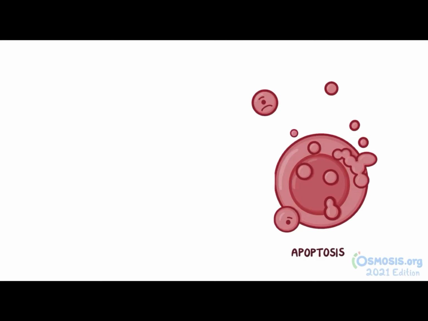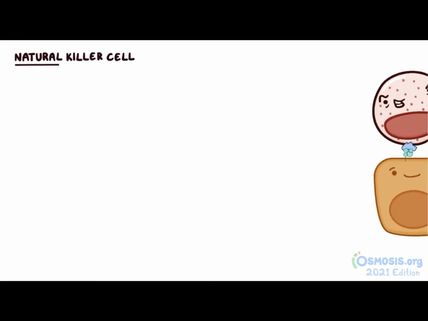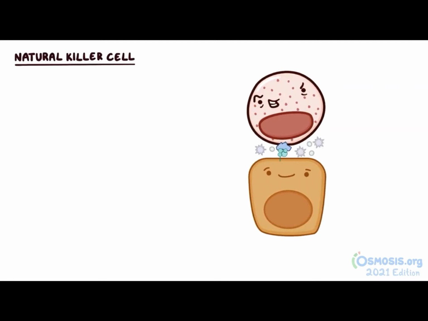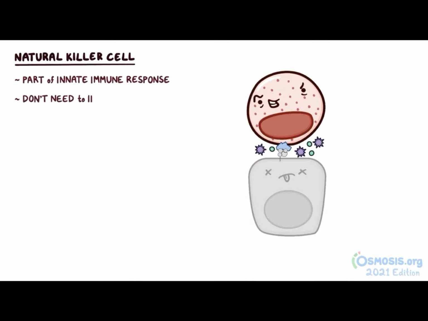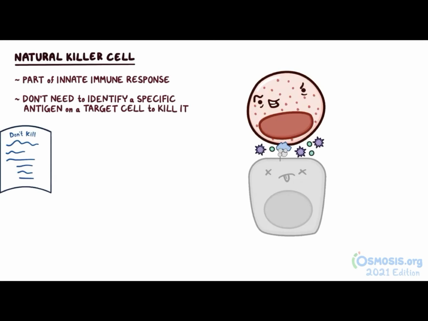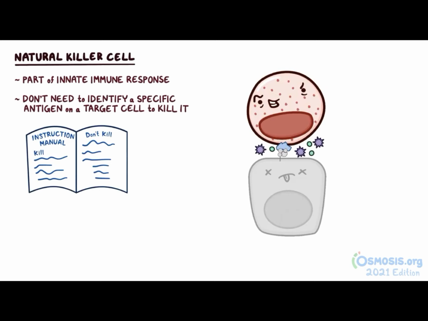Like cytotoxic T cells, natural killer cells also identify target cells and deliver granzymes and perforin. The difference is that they're part of the innate immune response, and therefore don't need to identify a specific antigen on a target cell to kill it. Instead, natural killer cells follow a series of kill or don't kill instructions to decide on a target cell.